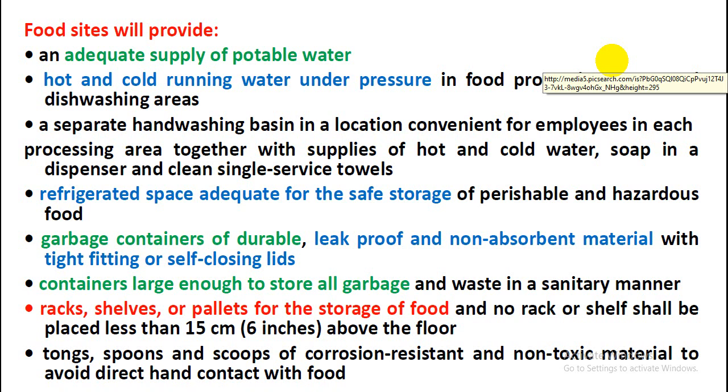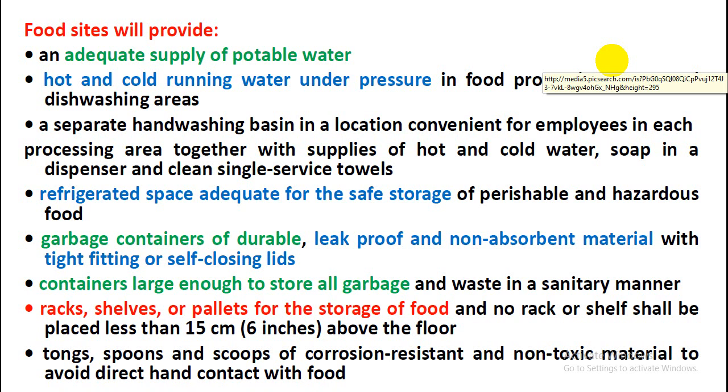The first one, we have to ensure adequate supply of potable water. It is not acceptable to have a sanitary food establishment without running water. Otherwise, if I don't have potable water, this is a cause for increased risk of contamination. I cannot make proper cleaning.